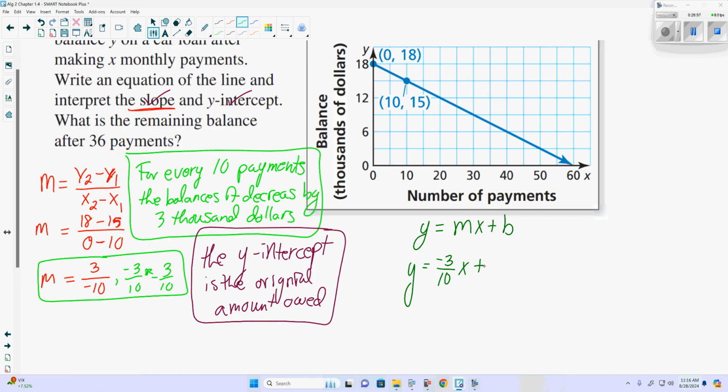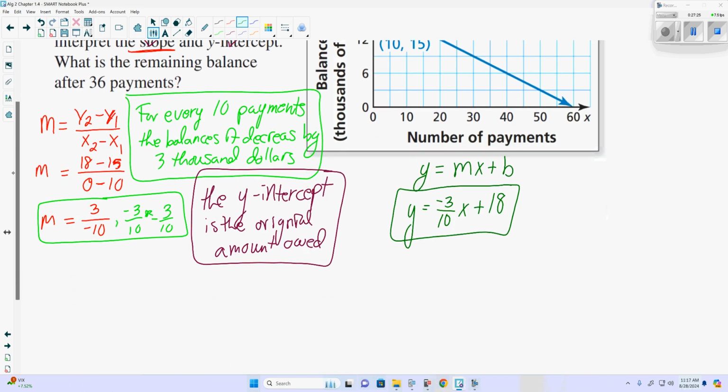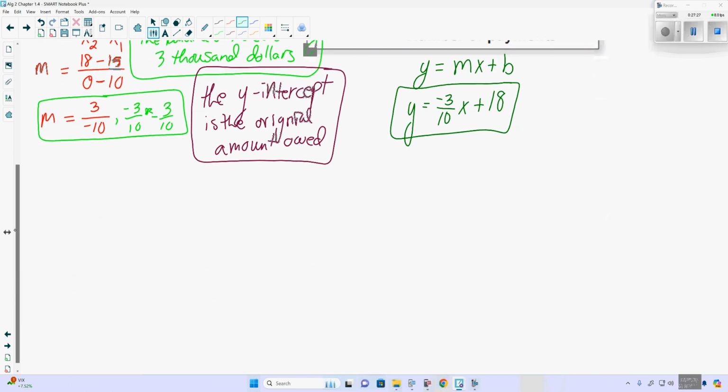And our b, the y value of the y-intercept, is what? 18. So that there is the equation of a line. Since it gave us the y-intercept at (0, 18), it gives us the b value. So the equation is y = -3/10 x plus 18.